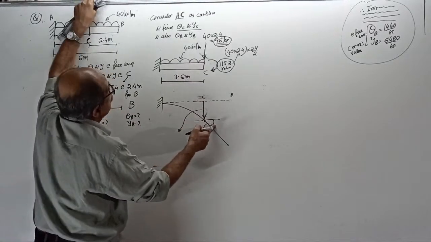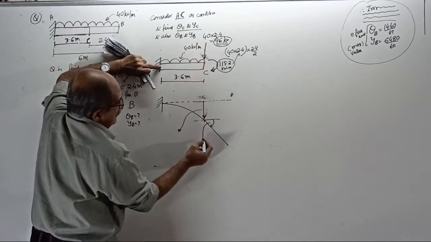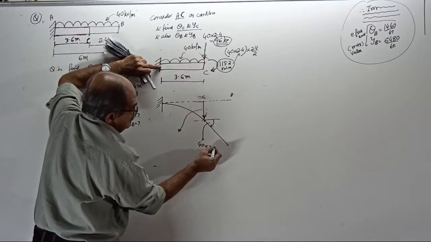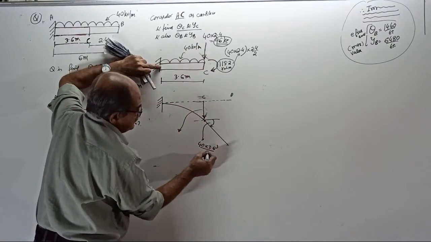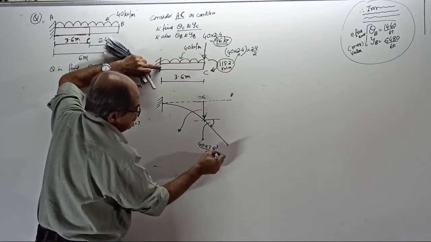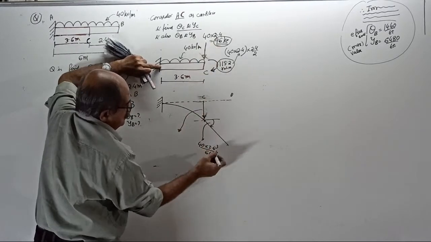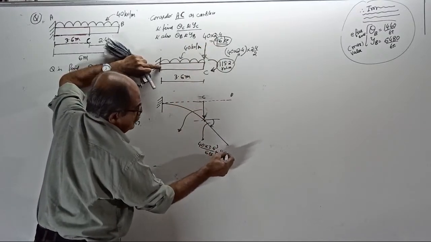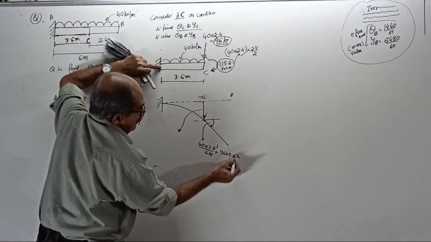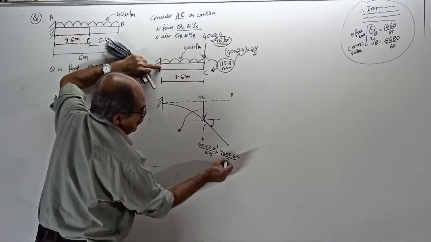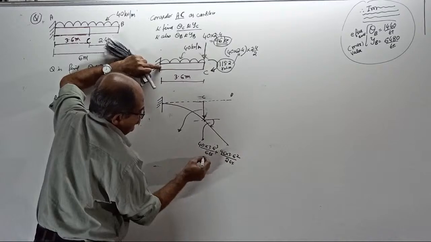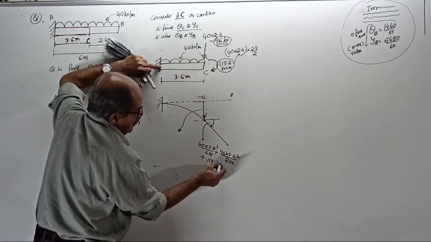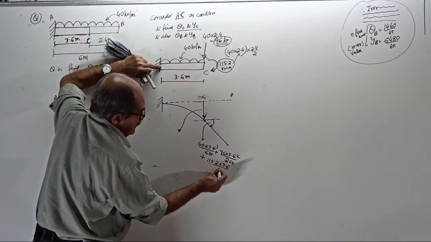Slope due to UDL is 40 into 3.6 cube divided by 6 EI, plus due to the point load, I will go in order, UDL over, point load, 96 into 3.6 square divided by 2 EI, plus due to that couple, 115.2 into 3.6 by EI.